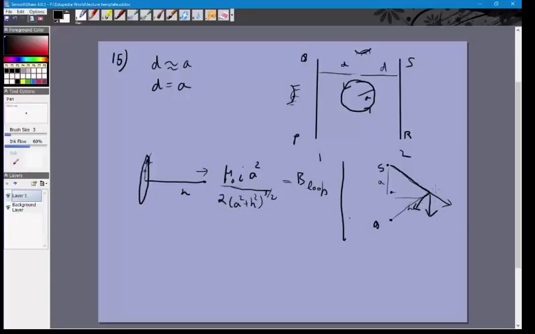But we don't want it to be in this direction, we want it to be in the horizontal direction. That means Q and S will have to have currents in the opposite direction, right? So let's say Q has current going into the plane, so this is the direction of magnetic field for Q, and S has the current coming out of the plane, so the direction for magnetic field from S will be like this, and they will give the resultant here, right?